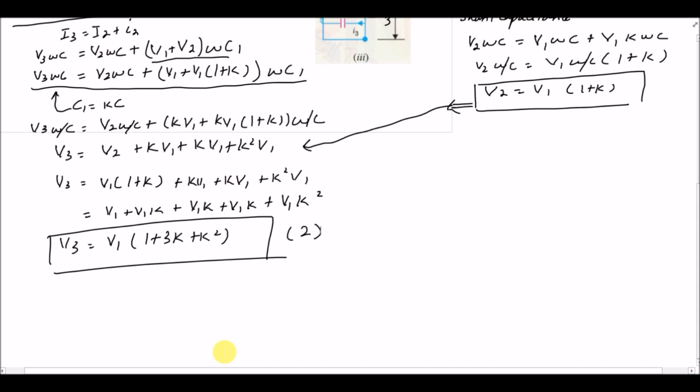Now if I have to find the total voltage V, that will be equal to V1 plus V2 plus V3, right?